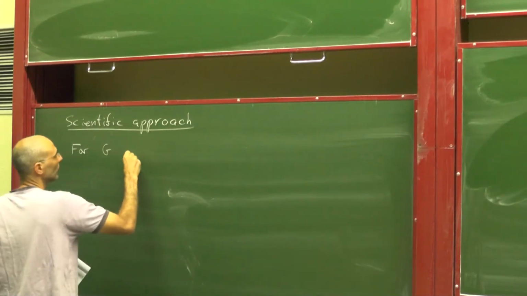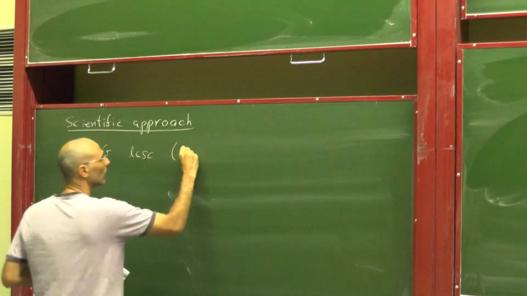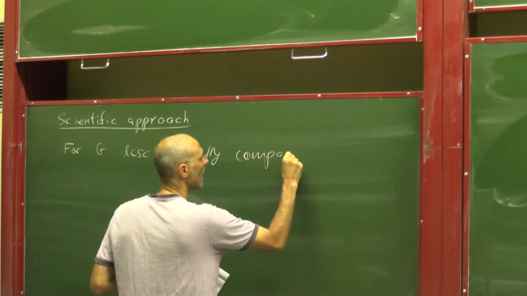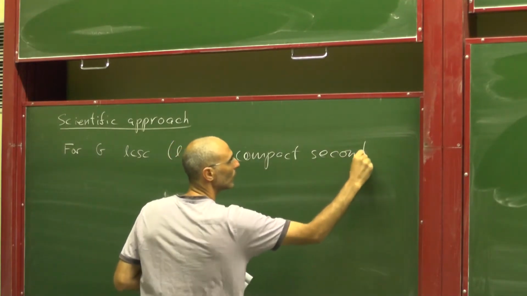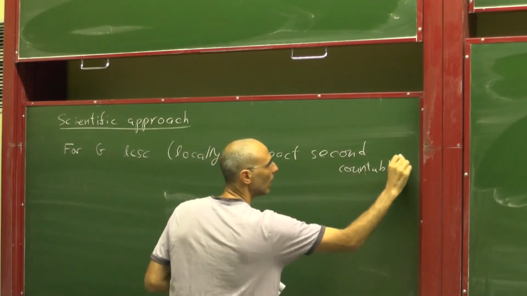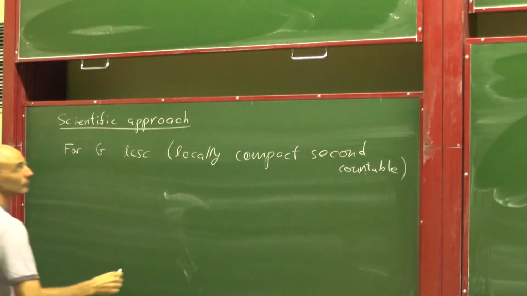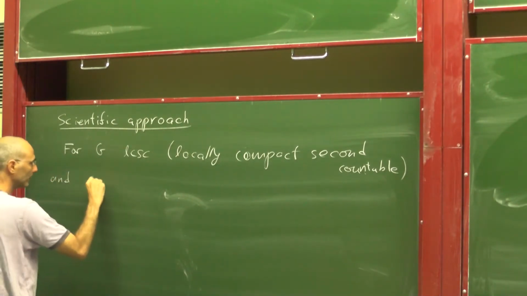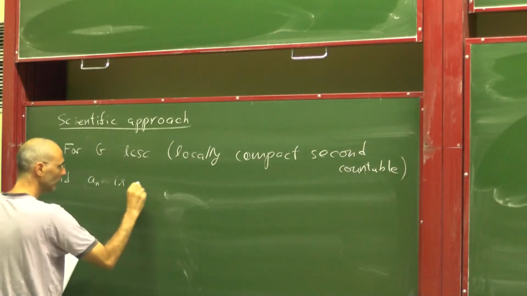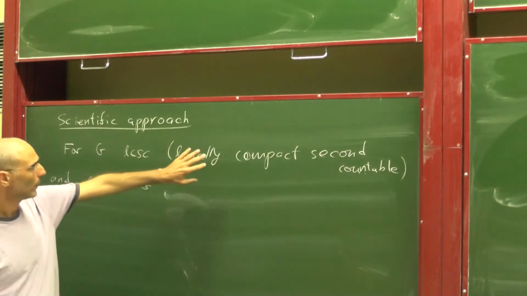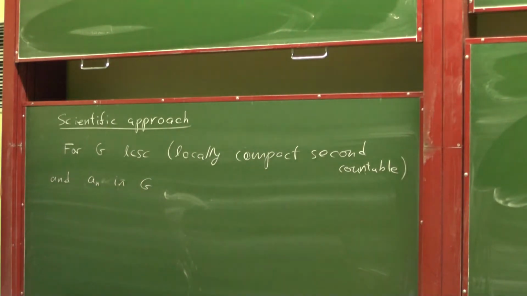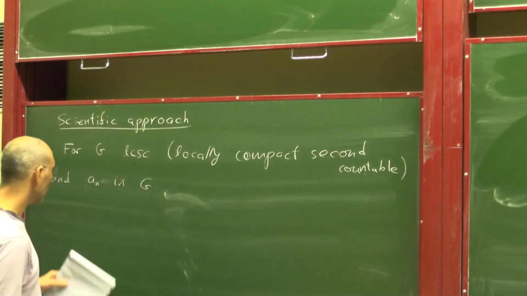So, for G LCSC, locally compact, second countable, and given a sequence An in G, so I assume my group is nice, second countable, just for me to be able to discuss sequences. It doesn't really matter.